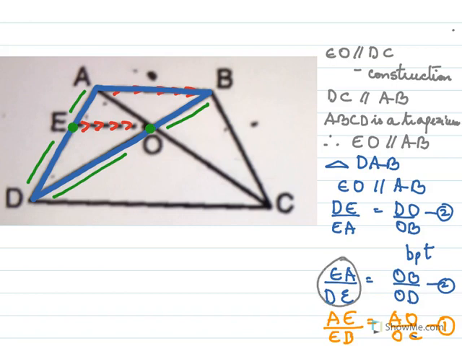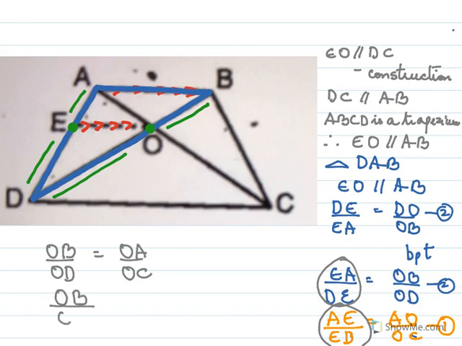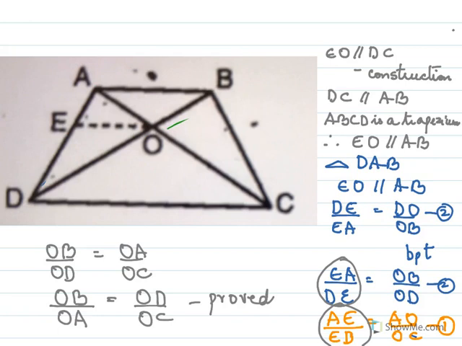So comparing both the equations, this is common for both, AE over DE. So by comparing both, I can say now OB over OD equal to AO over OC. And by cross multiplying, I get OB, I'll take OA down, and that OD will go up, so OA over OC equal to OB over OD. And I have proved.